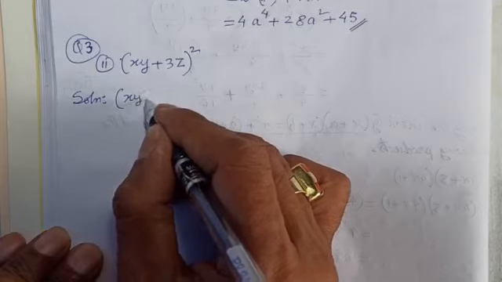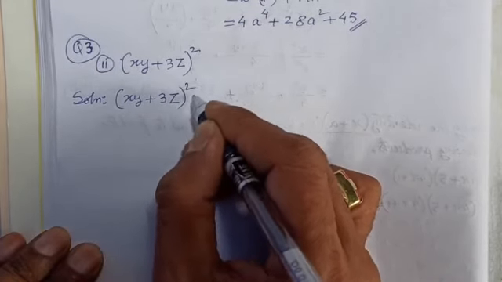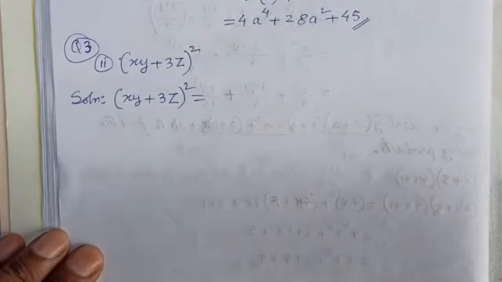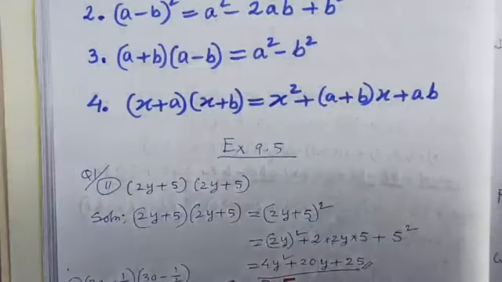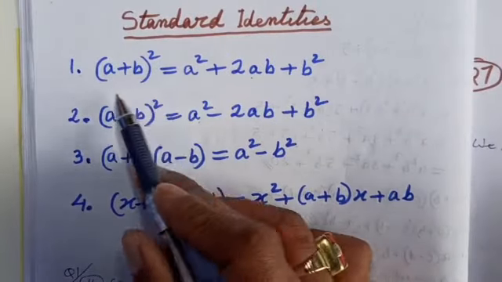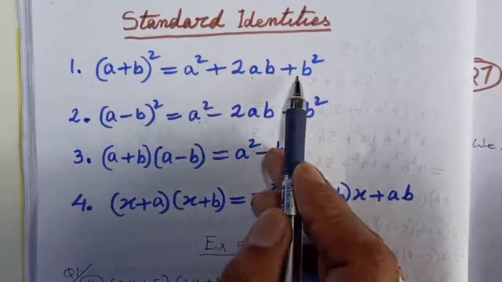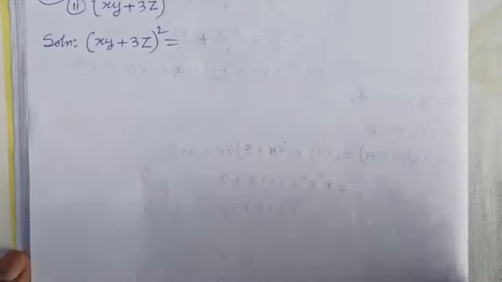Solution: xy plus 3z whole square, and now we have to apply identity. So since this is plus sign, we have to use this identity number 1, a plus b whole square is equal to a square plus twice ab plus b square.